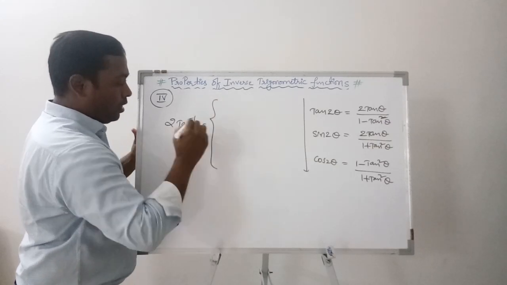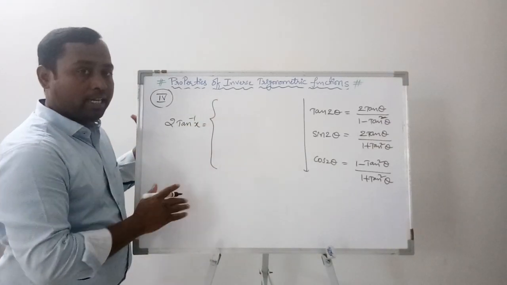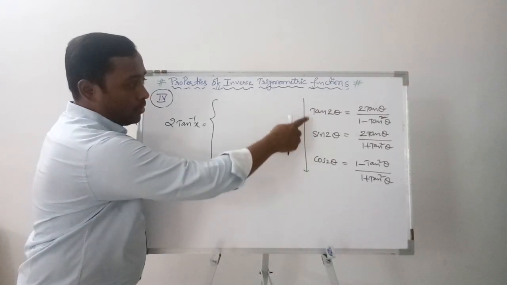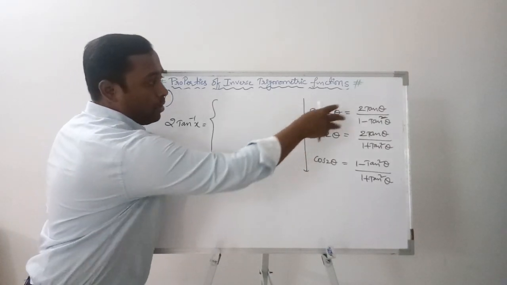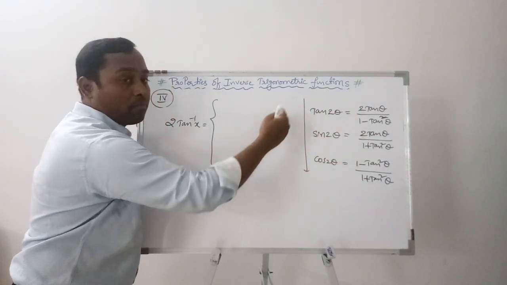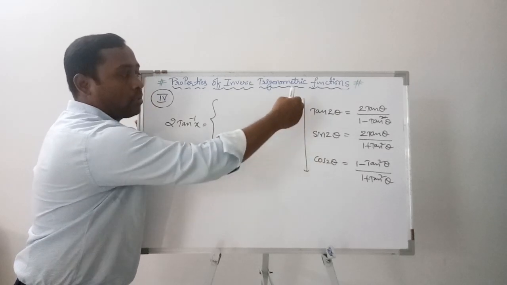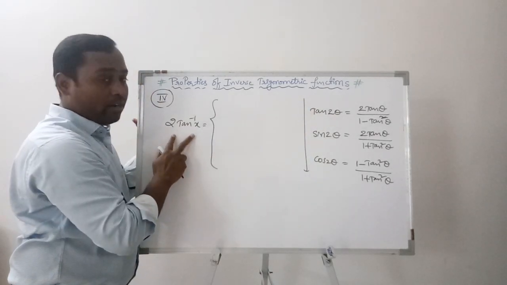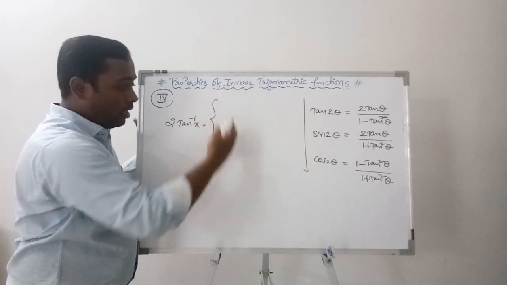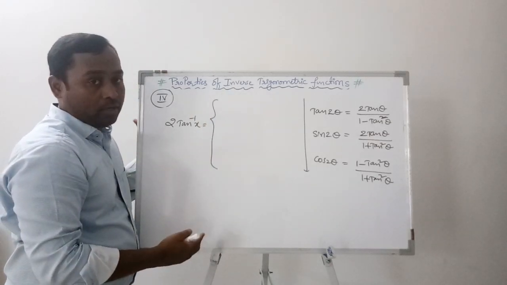Now this can be written in three various forms as sine, cos, tan. All can be expressible in terms of tan. Similarly, tan inverse x can be expressed in terms of sine, cos and tan. Hence, the 2 tan inverse x formula can be written in three different forms, right?